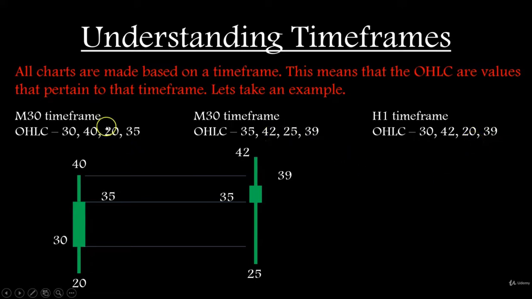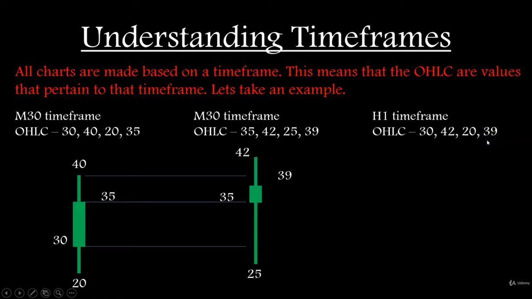So this turns out to be 20, and then we have the closing price of the second candle, because the hour started around here and it ended with this candle. So the closing price of 39 is going to be the closing price of the H1 time frame.